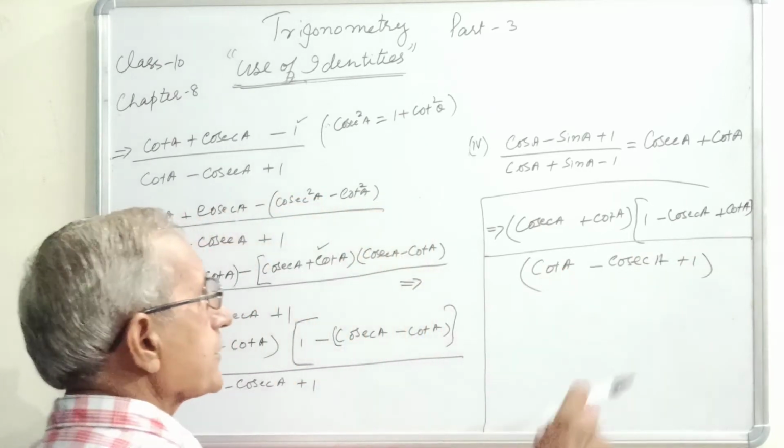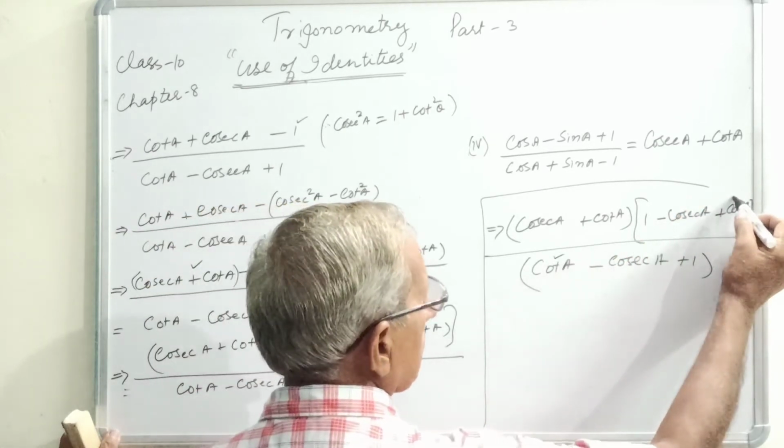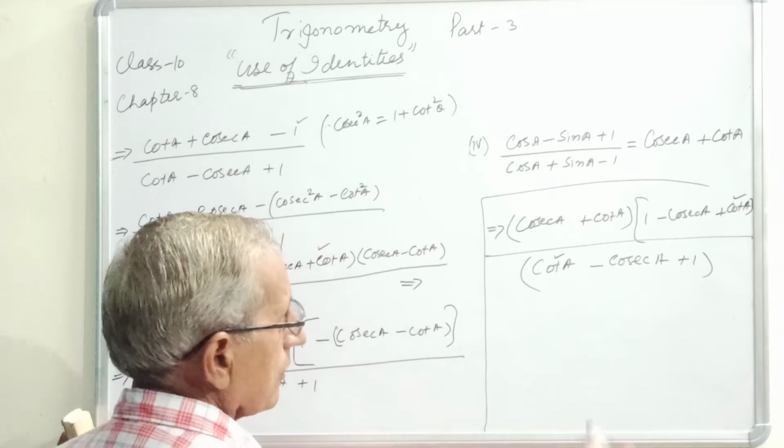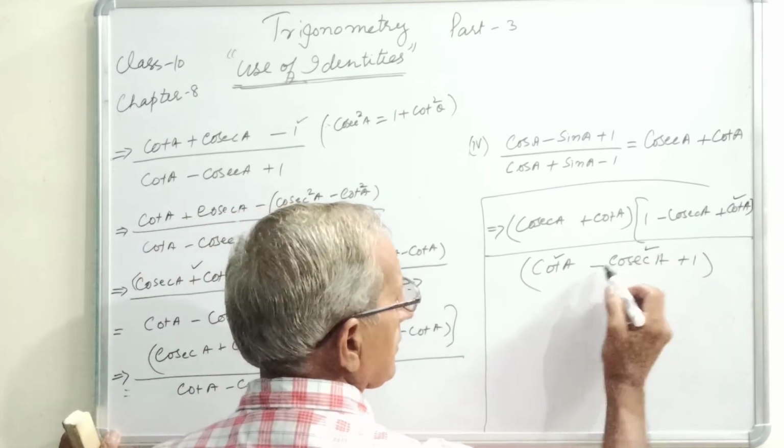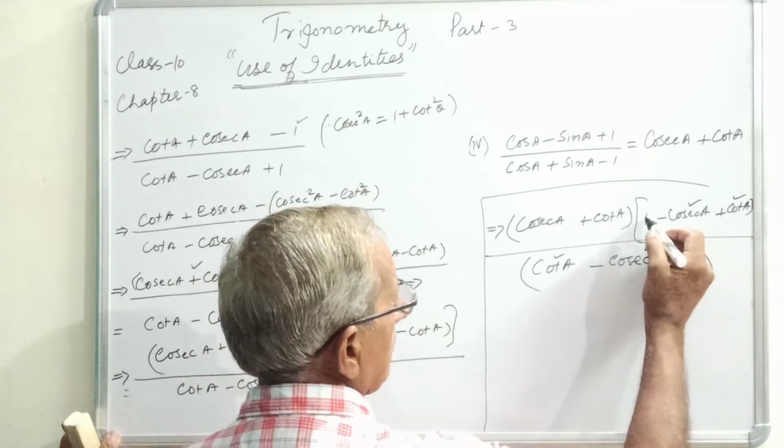So compare these two terms, cot A plus cot A plus, cosecant A minus cosecant A minus, and plus 1 plus 1.